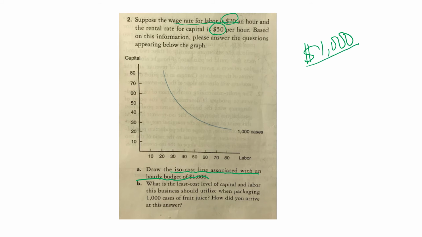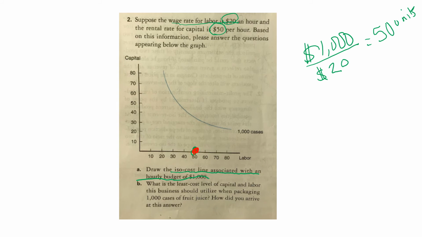So if we spent all of our money on wages, we would be able to purchase 50 units of labor. So that would be our extreme labor point right there.